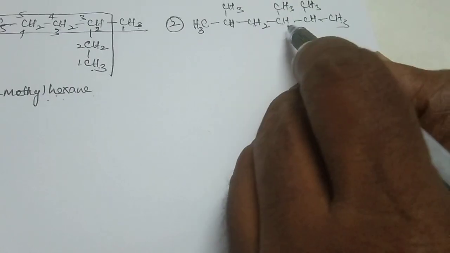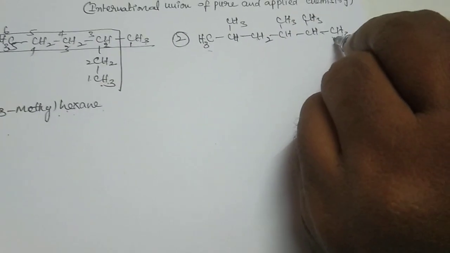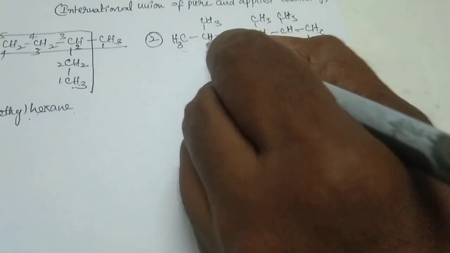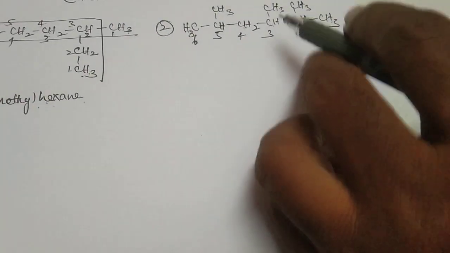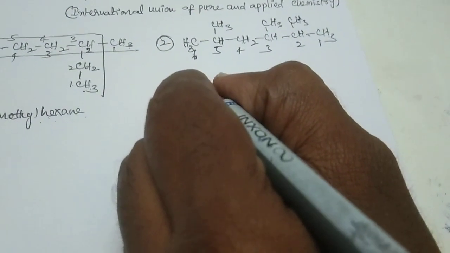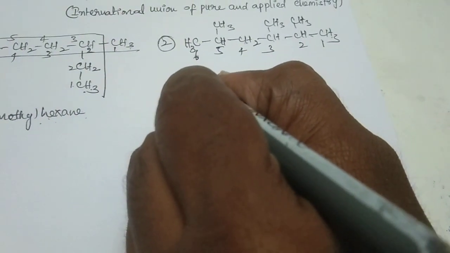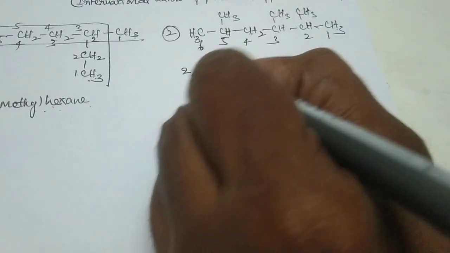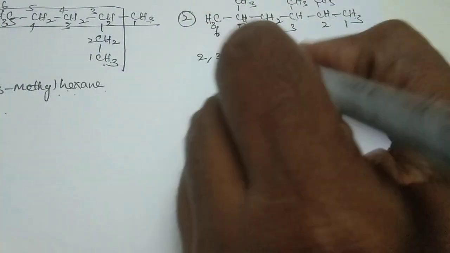So we have to take this as the carbon chain, and you can number it 1, 2, 3, 4, 5, 6. On the second carbon you have one substitution, on the third carbon one substitution, and on the fifth carbon one substitution. You have to mention the carbon numbers on which the substitutions are present as 2, 3, comma, 5. So total 3 substitutions are there.